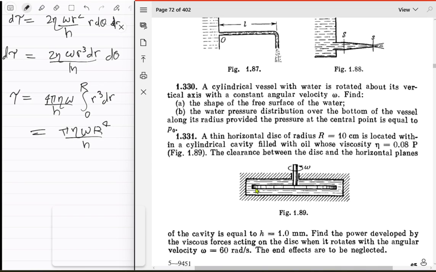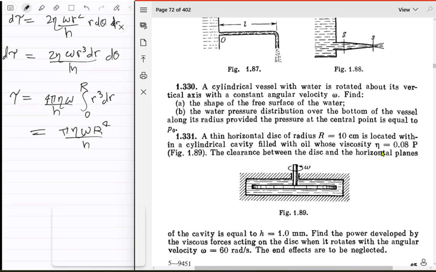All right. So what you want? Eta is 0.08 p. But what does p mean? Is this the pressure or something? No, that doesn't make any sense. It won't make sense because units will be different.